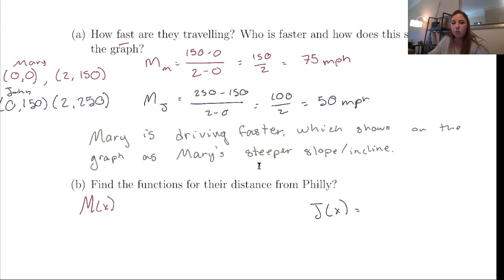We've already found our slopes, m and j, that's how fast they were traveling. So, right, it's going to be mx plus b. And here I'm just using these subscripts so that we know we're talking about Mary's slope and initial value, and John's, just because sometimes color isn't as clear of a differentiator.